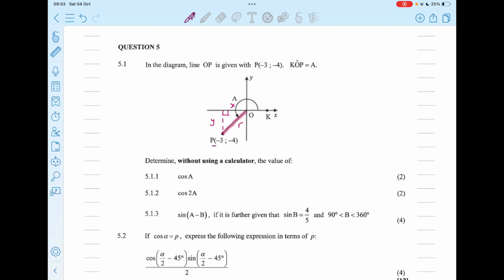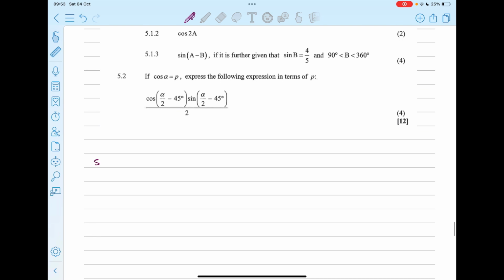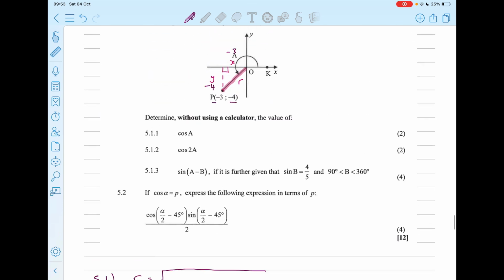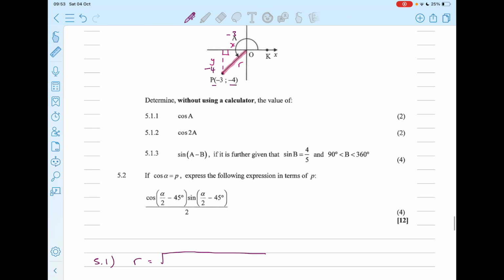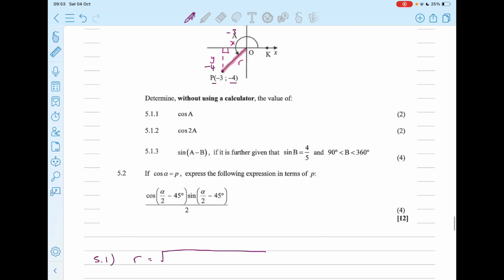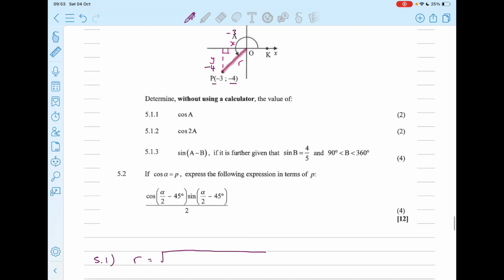Now, because we have the point P, we already know that X will be -3 and Y will be -4, because we've been given coordinate P. Now all we need to do is to determine R. We can use the distance formula, or we can also just use Pythagoras.